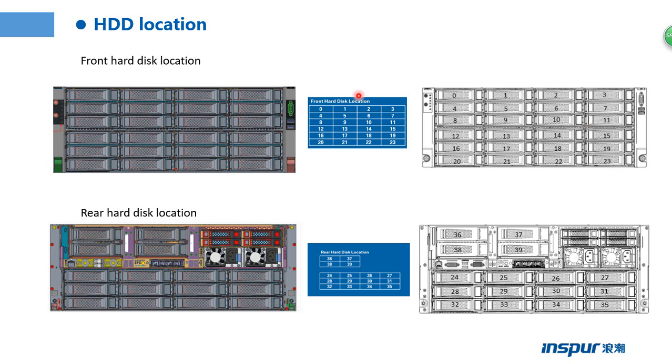The front hard disk locations are numbered from left to right and from top to bottom: 0, 1, 2, 3, 4, 5, 6, 7, 8, 9, 10, 11, and so on. This picture shows the real hard disk locations.